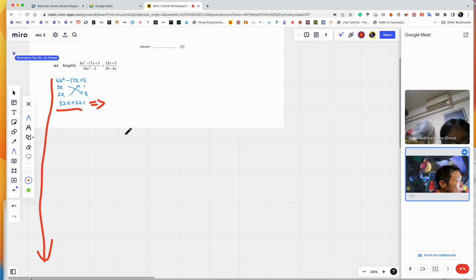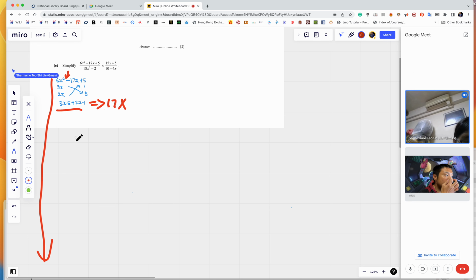Hello, this one gives you what? 15. 17x. Okay, the question is 1 minus. How? Very close. You need to put a minus sign. Put where? Correct. Continue.